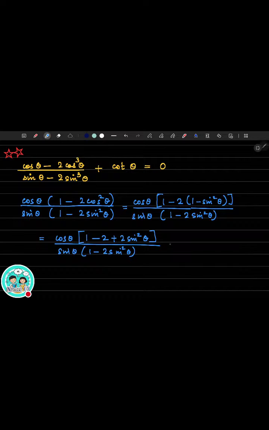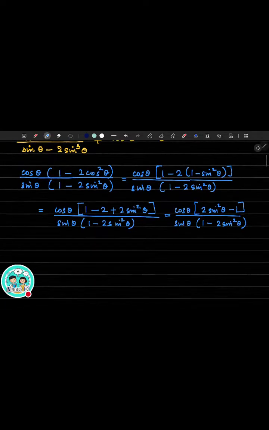Solve it. So what do you get? Cos theta within the bracket, 1 minus 2, which is minus 1. So I'll write 2 sin square theta minus 1, whole divided by sin theta multiplied by 1 minus 2 sin square theta.